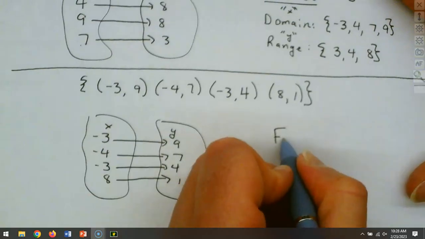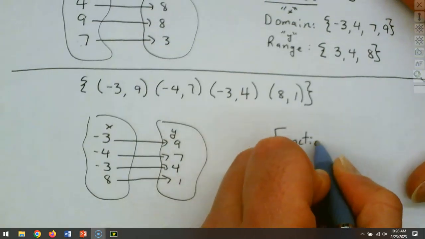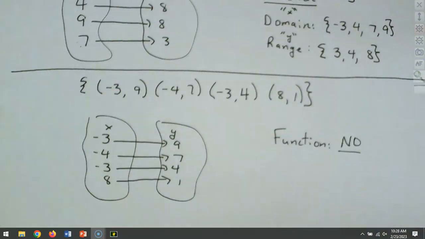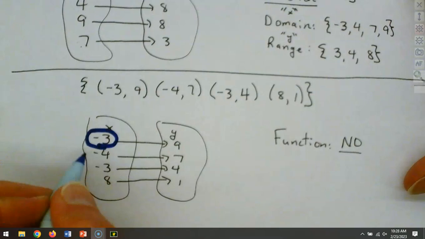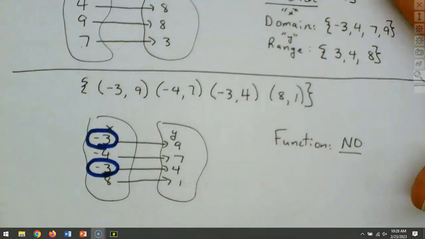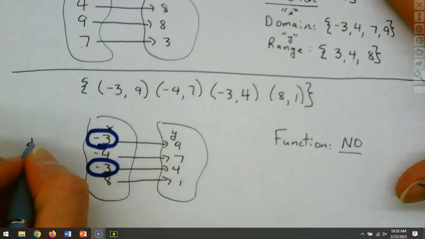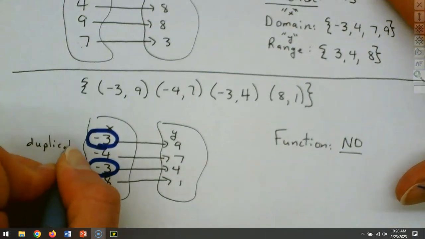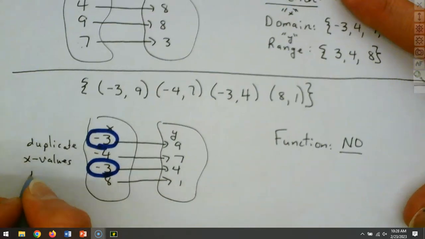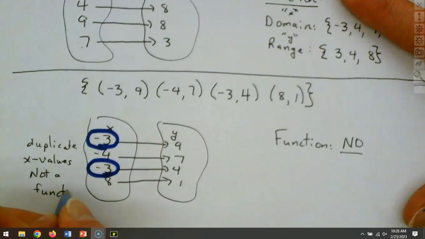Now this one is not a function. And why is it not a function? It is not a function because we have duplicate x values. So that makes that not a function.